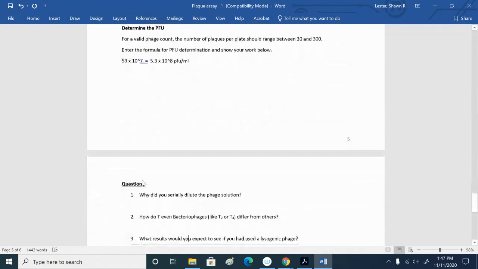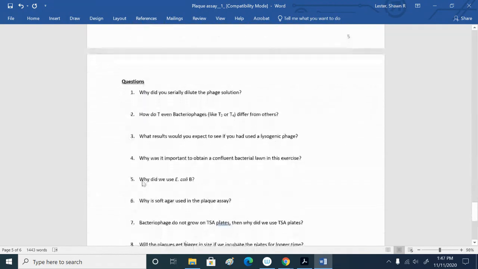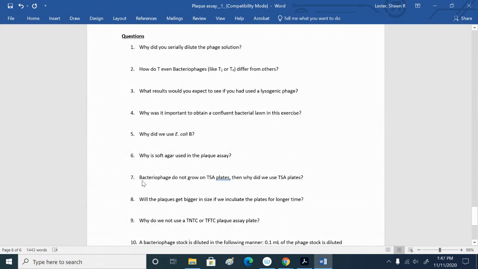Now we have questions. So why did you serially dilute the phage solution? So why did we perform this serial dilution in the first place? To see how many phages infect the E. coli. So to see what again?